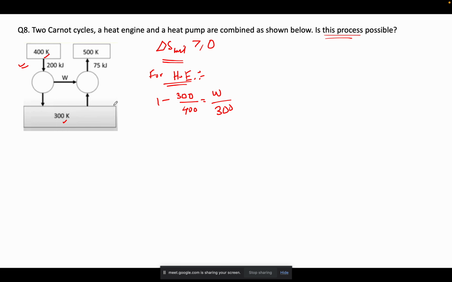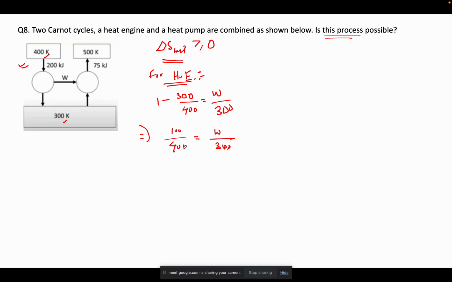W is my output and this is my input. From here I will get W. This will be basically 100 by 400 is equal to W by 300.